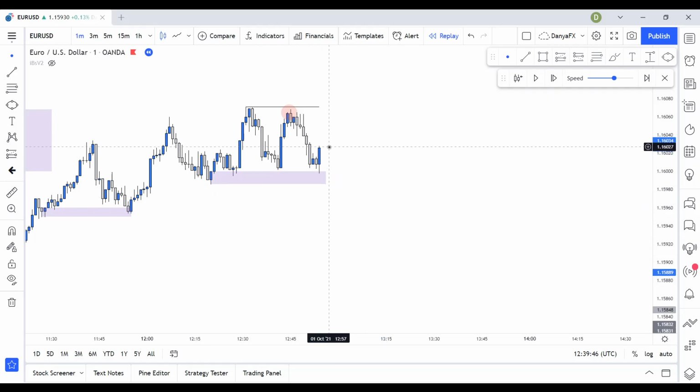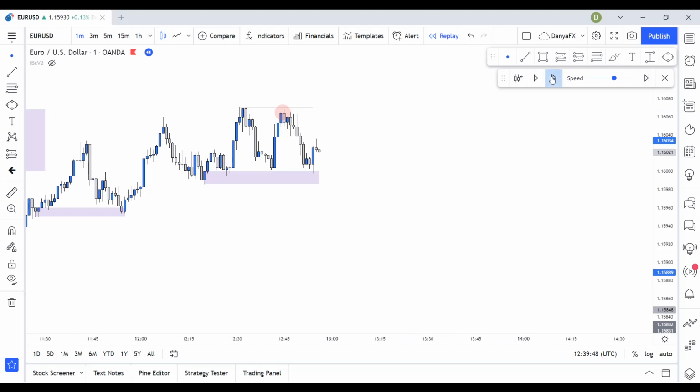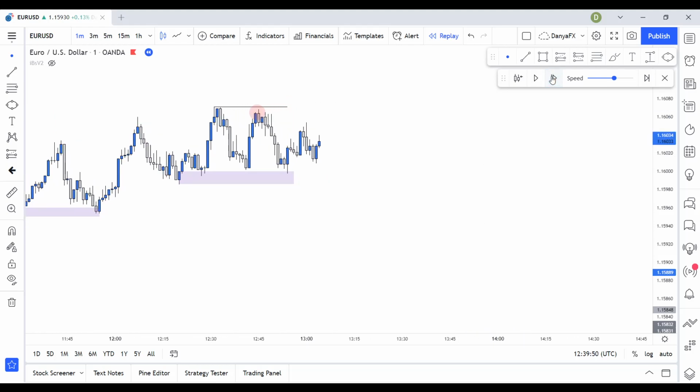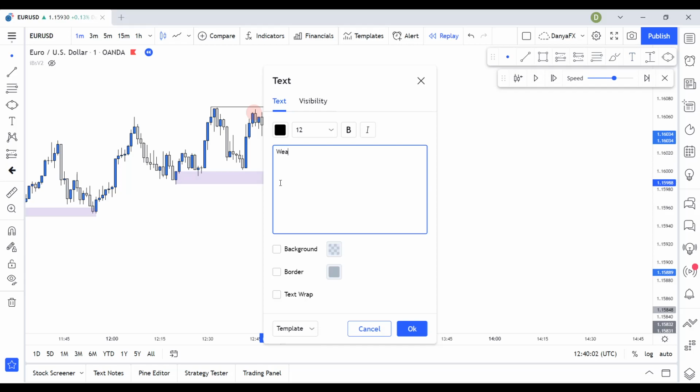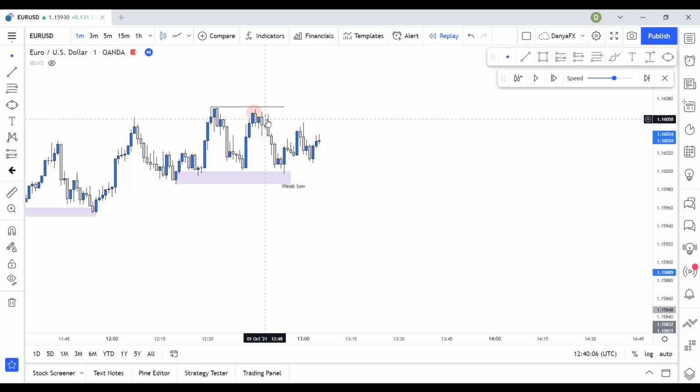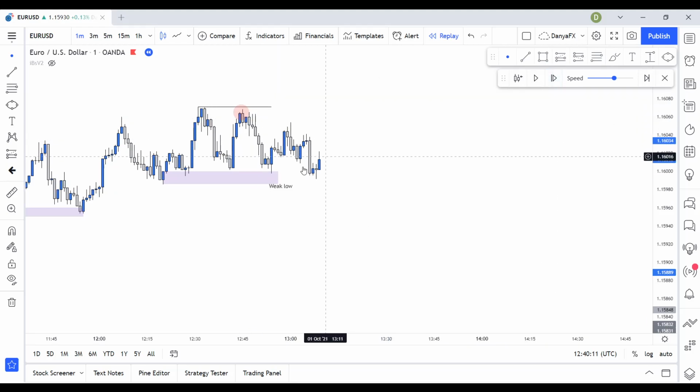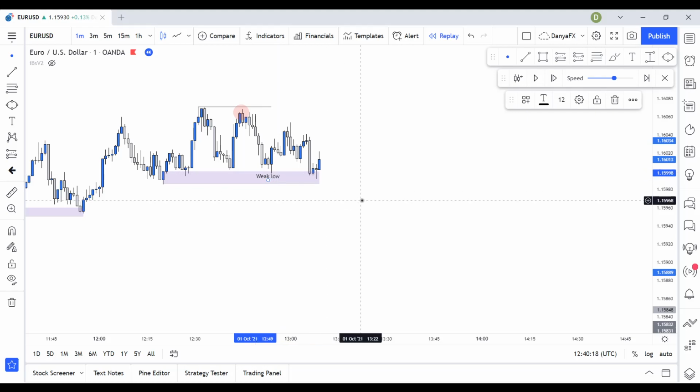which in this case, once again, is a weak low because it didn't really print the higher high, but then as you can see, it gets wicked and broken here.